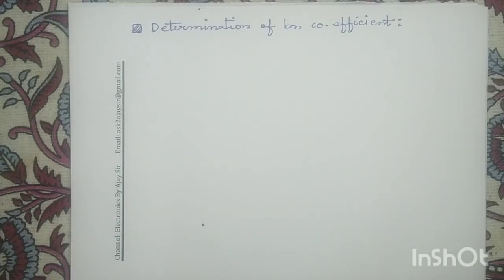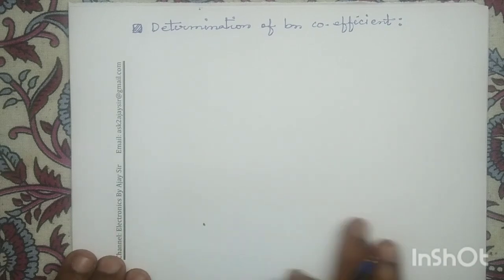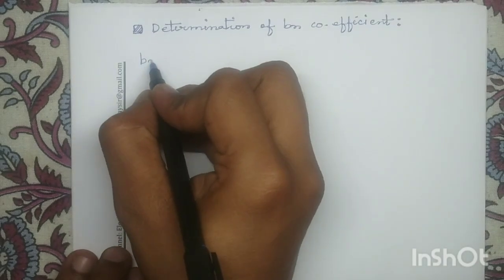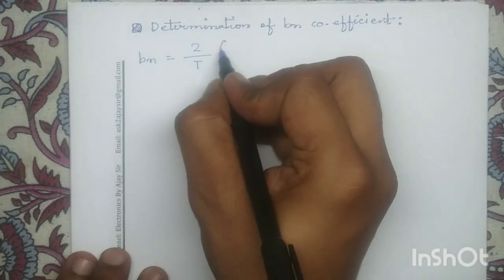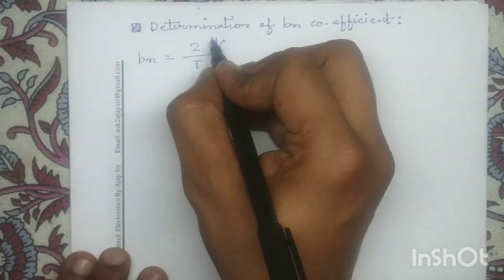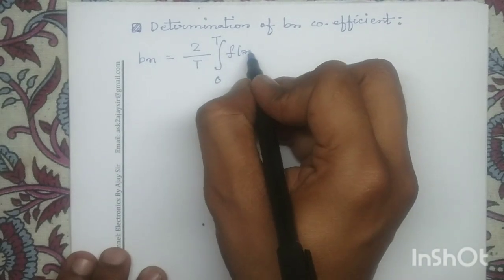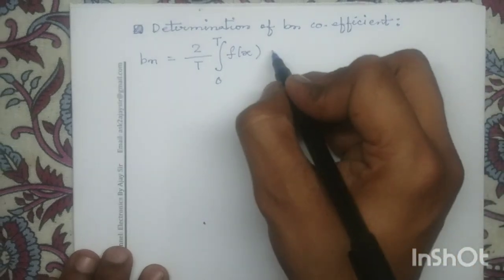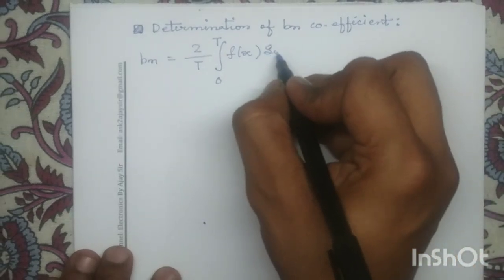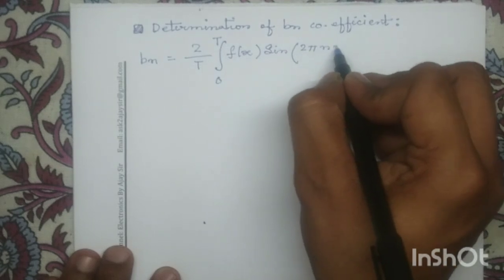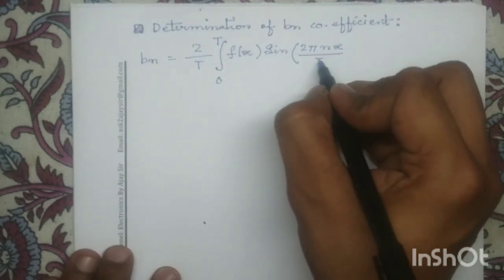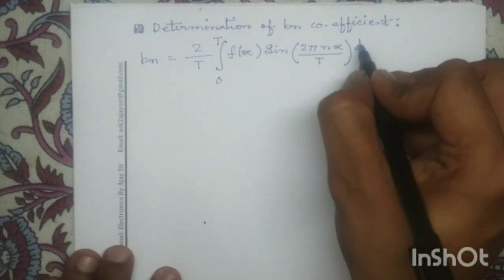Next we will determine our next coefficient, that is b of n. The mathematical expression of b of n is 2 by T integration 0 to T f of x sine 2 pi nx by T into dx.